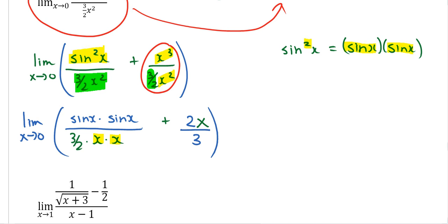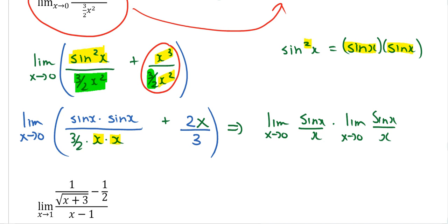And then after that, you can do the individual limits using your limit rules. If I break this up once again, I will get the limit as x goes to 0 of sine x over x times the limit as x goes to 0 of sine x over x.